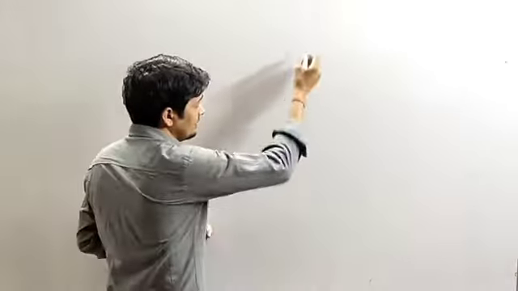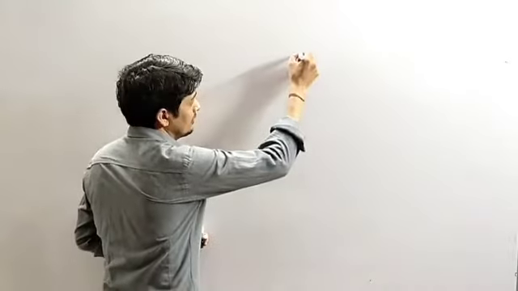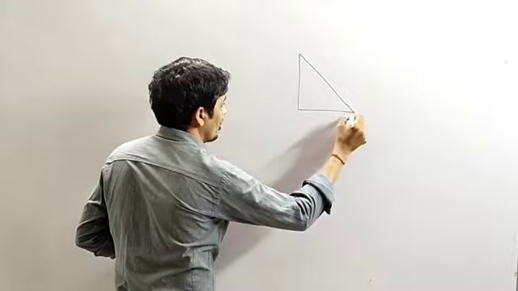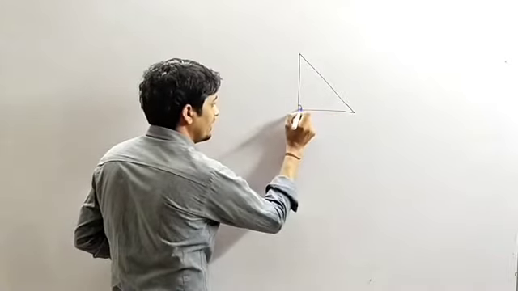Okay, so now we will solve the third solved problem which is given in your textbook, page number 110. The third problem says: in right angled triangle ABC, that means one of the angles of the triangle is 90 degrees.